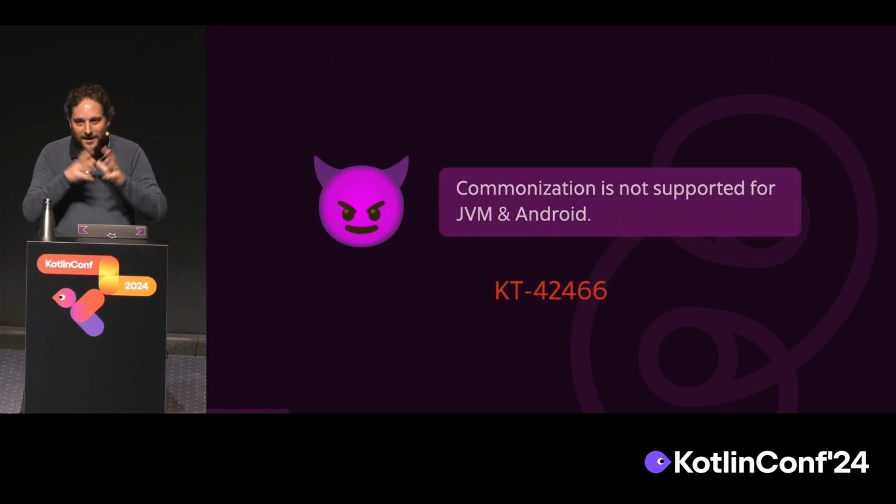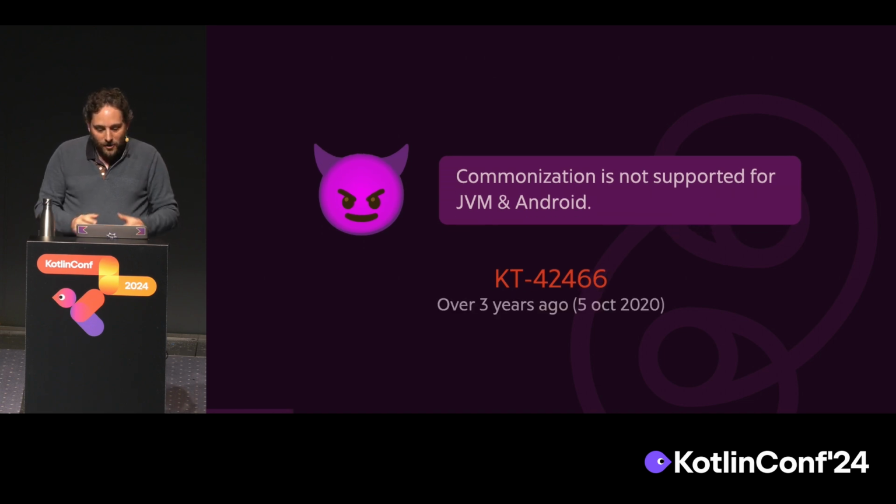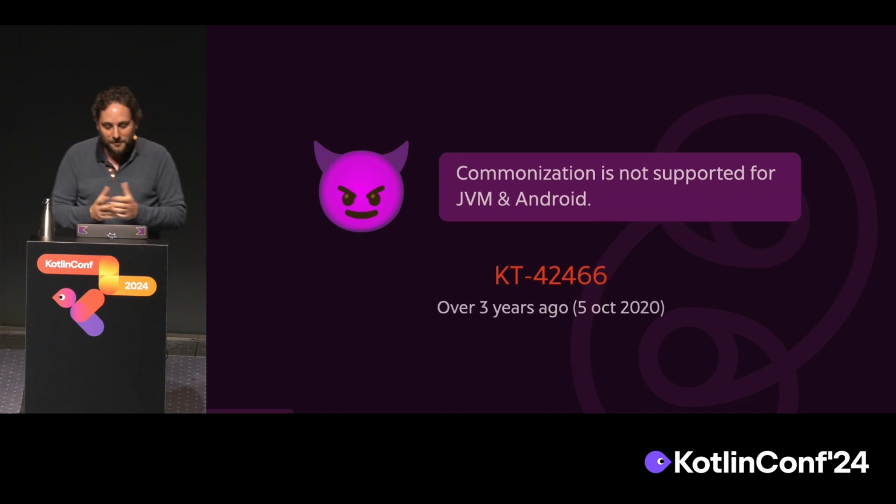So if you're writing a library that will target both JVM and Android and have some features that differ, then over 3 years ago, this issue was opened, and at the moment, it's not resolved.